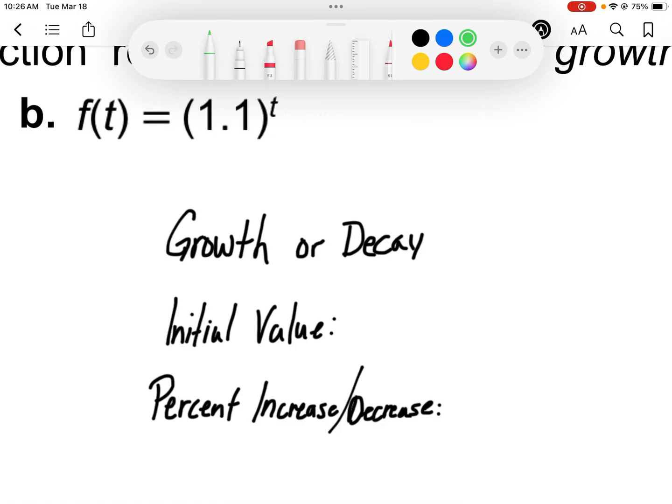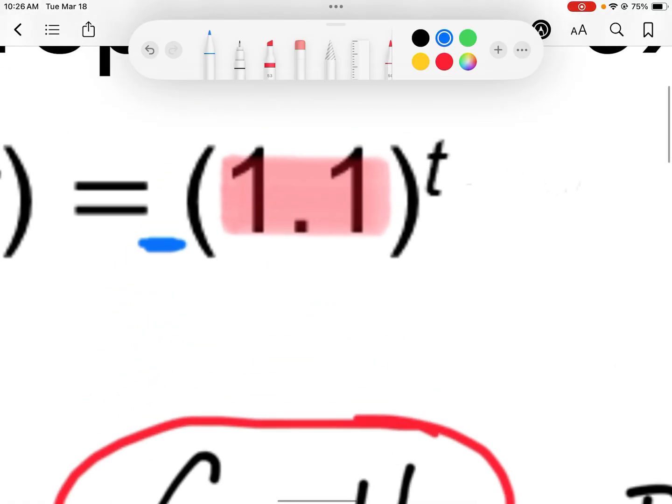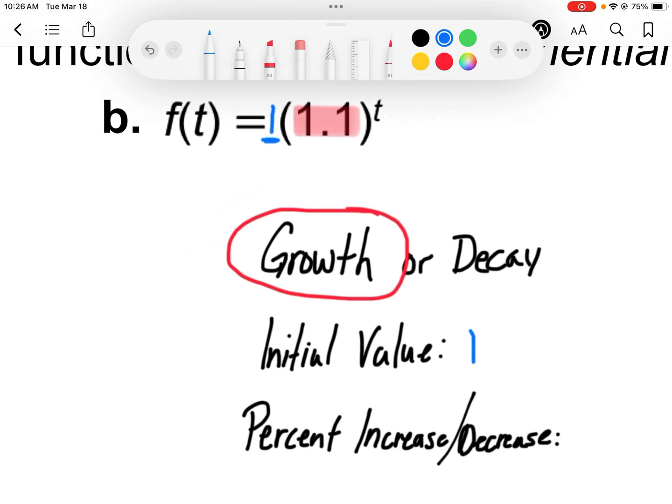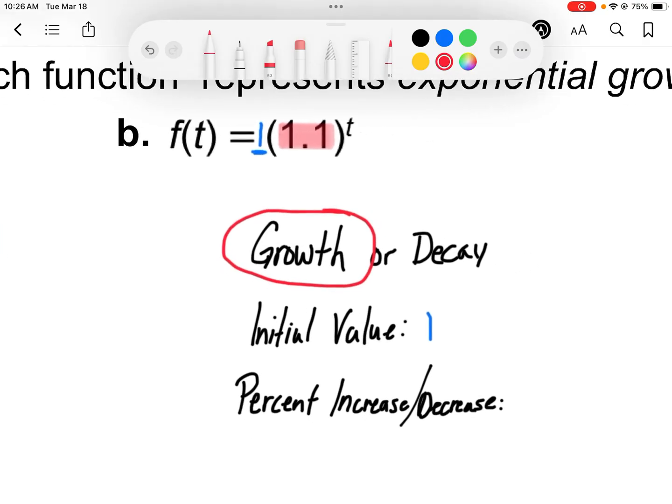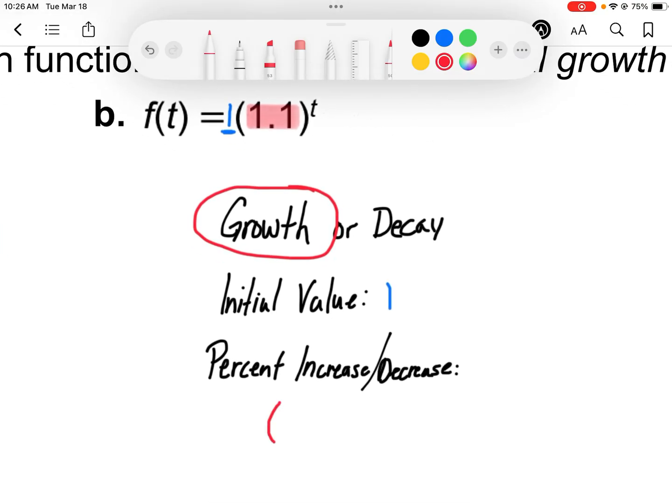As we look at the letter B, does this show growth or decay? I'm looking here. Is that bigger than 1 or smaller than 1? That is bigger than 1, so this is showing growth. My initial value, I don't see a number out here. But there's always that invisible 1 that can be multiplied there. So our initial value would be 1. And the last part, percent increase, decrease, remember, we said this is growth.